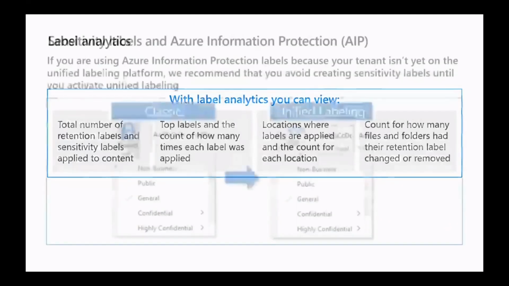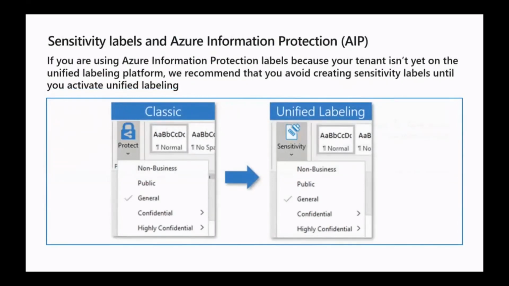And now, Azure Information Protection: how can you extend the services provided by sensitivity labels using the service? If you're using Azure Information Protection labels because your tenant isn't yet on the unified labeling platform, Microsoft recommends that you avoid creating sensitivity labels until you activate unified labeling.